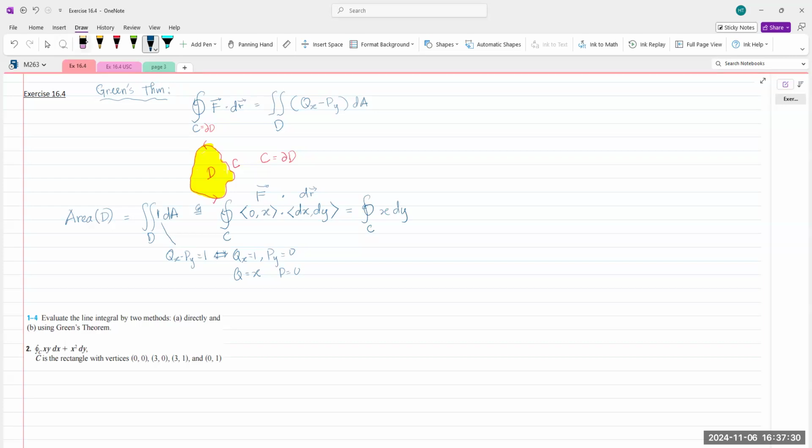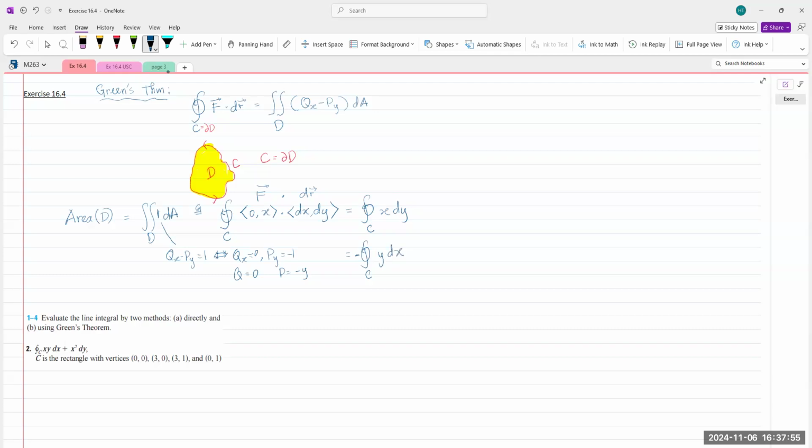Using a similar trick, but with Q sub x equals 0 and P sub y equals -1, so Q is 0 but P is negative y, we get the integral over closed curve C of negative y dx.